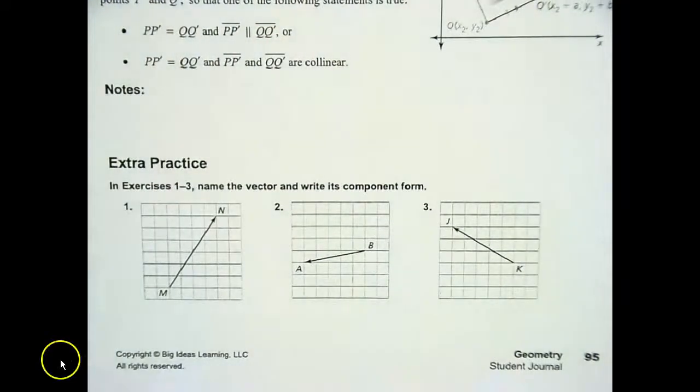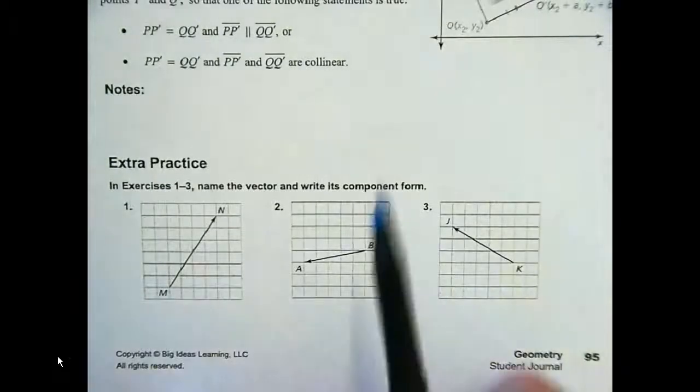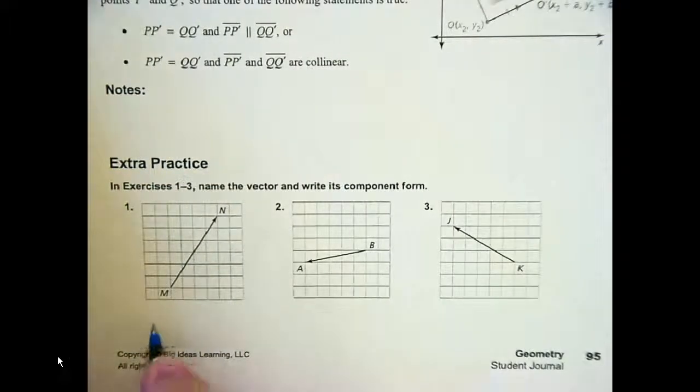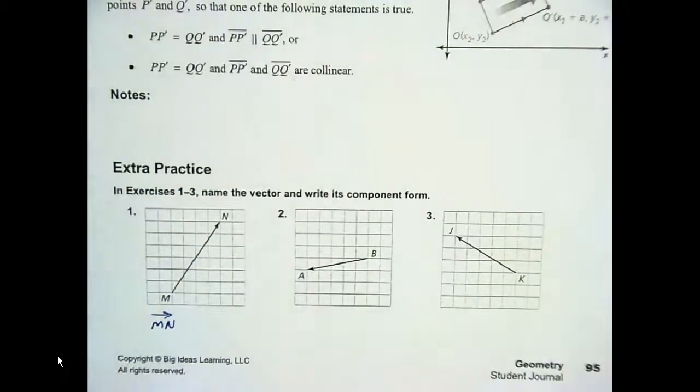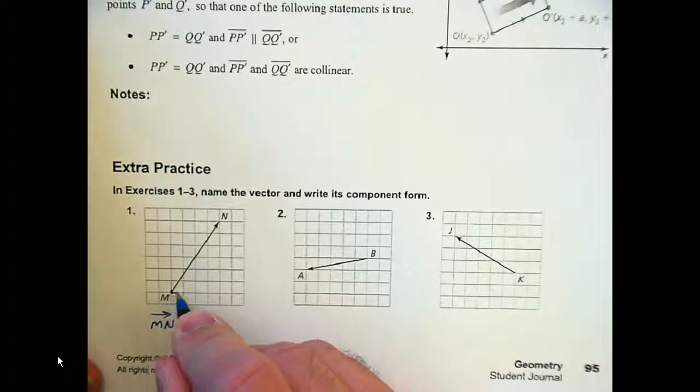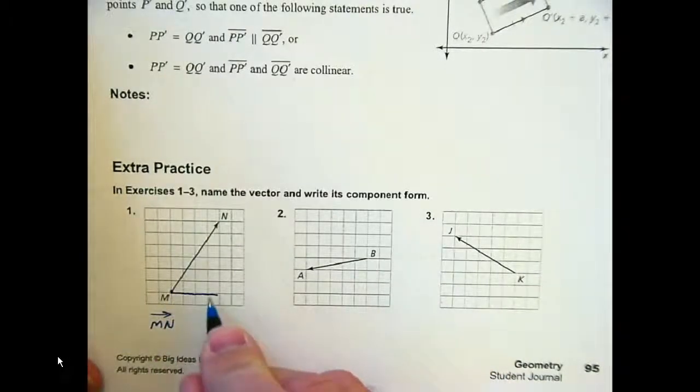Okay, let's see how we did. Name the vector. Vector notation, when we write out the name of the vector, we put a little line above it. So we're going vector MN. And when we're actually using component form to write that out, we're moving along the x, or horizontally, that far.